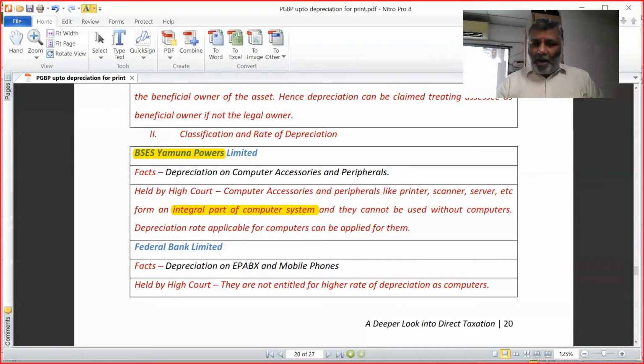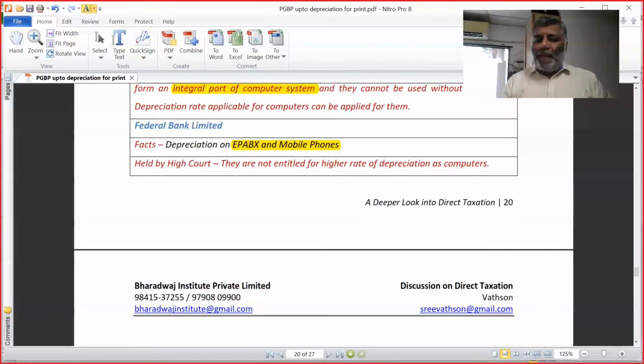Whereas in Federal Bank, they said EPABX and mobile phones are not eligible for that 40%, only 15%. BSES Yamuna is printer and scanner, accessory and peripheral, whereas Federal Bank is mobile phone and EPABX.